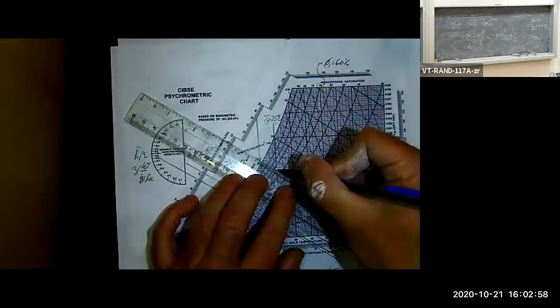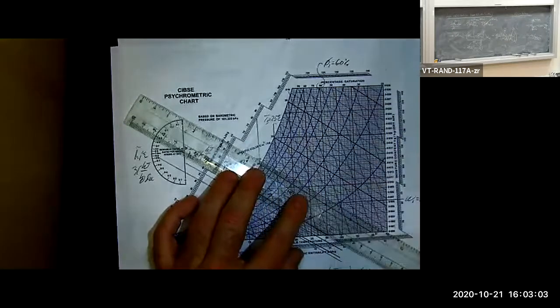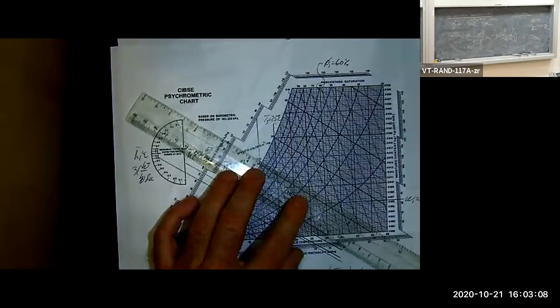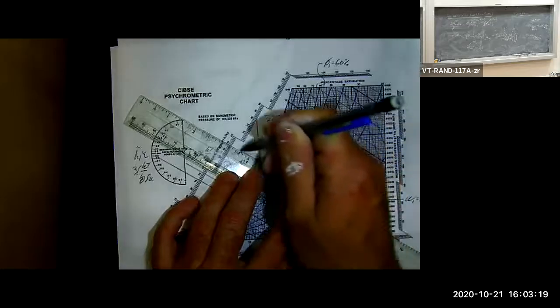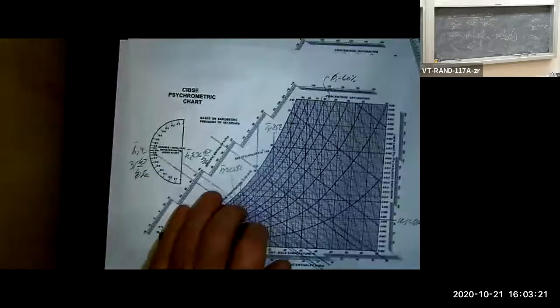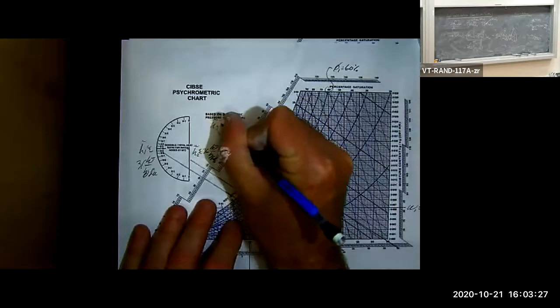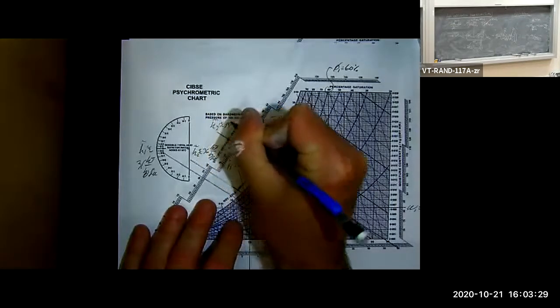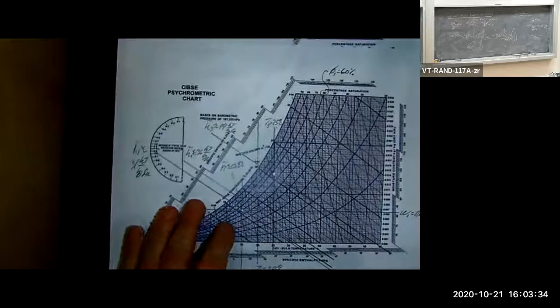Looks like it's going to be right around 60, maybe 59. So H tilde 3, about 59 kilojoules per kilogram of dry air.